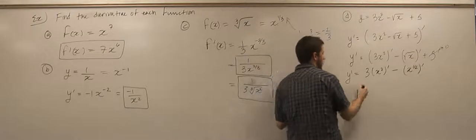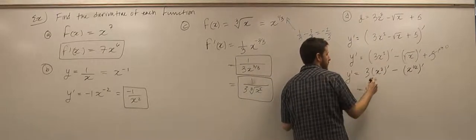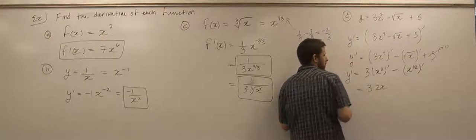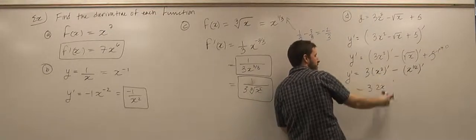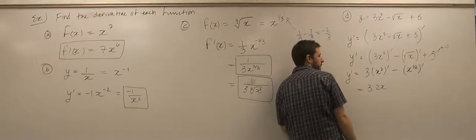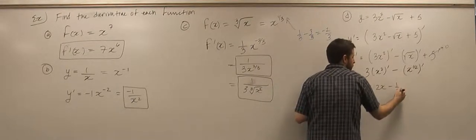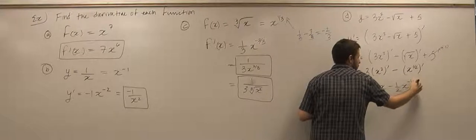So I'll do my work here. The 2 comes down, I subtract 1 from the power. So this is going to be times 2x. And then, because I actually took the derivative, I stopped writing the prime. On this guy, the power comes down, and I subtract 1.